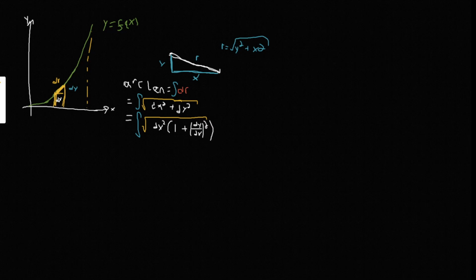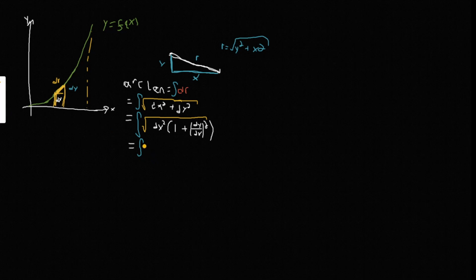And now we can do some cool radical things. We could pull it outside the radical. The square root of dx squared is just dx, so we could pop this outside the radical here. And we can now integrate this function, because we have a dx on the outside, so we can integrate this in terms of x.